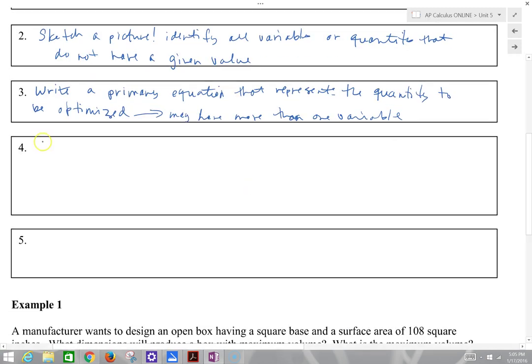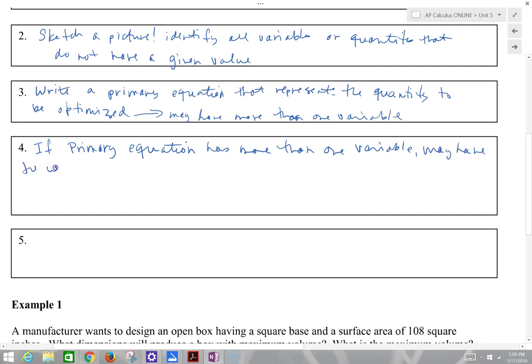If there is more than one variable in the primary, you might have to write a second equation, which becomes a system of equations.